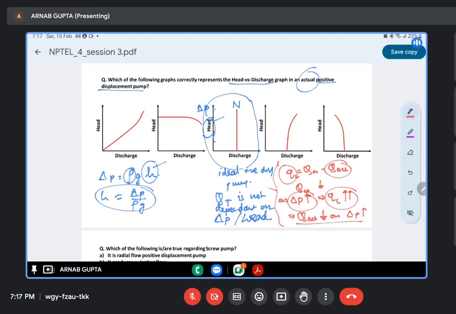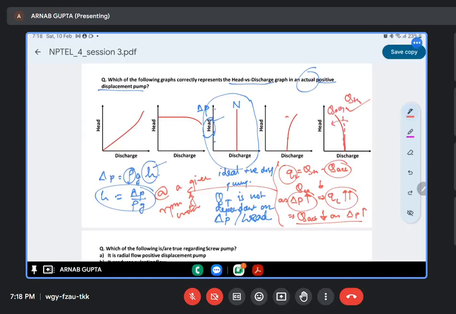So this is all at a given RPM of the motor. If the RPM of the motor is changing, then obviously your discharge will change. Between these two graphs, you can see that this correctly depicts it. So if this was your Q theoretical, the Q actual is shifting.